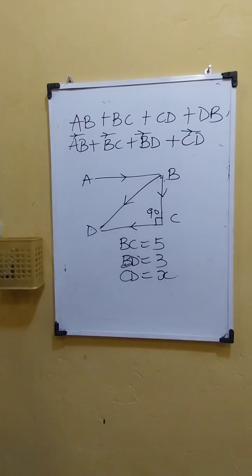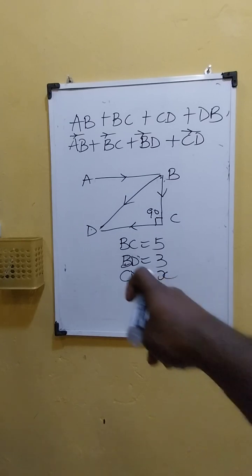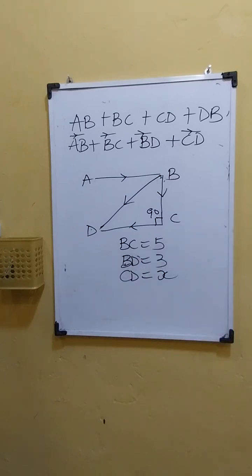So what are we supposed to do here? Anybody, I need somebody that's very sharp to give me the answer. What are we supposed to do to get CD? What should we do to get CD? A very sharp one.